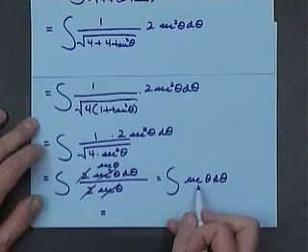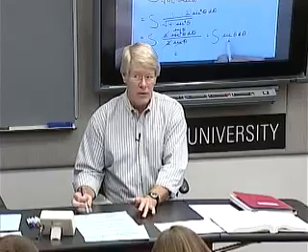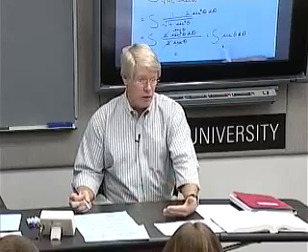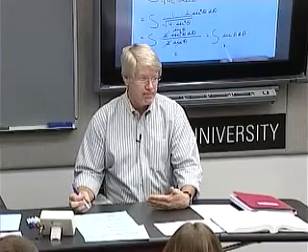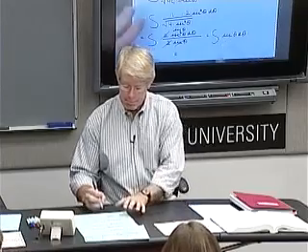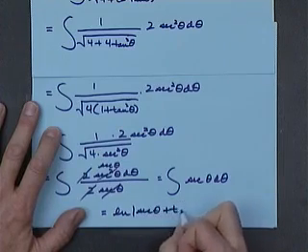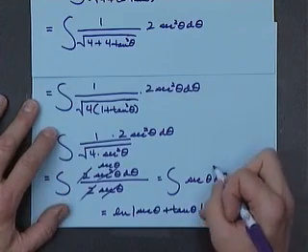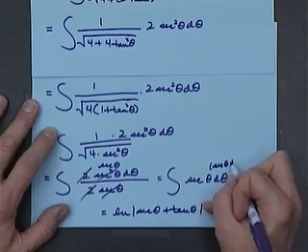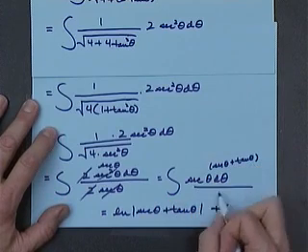But I think we did this one. This one is the one that had a little trick to it, where you had to multiply the numerator and denominator by secant plus tangent. I don't remember. We've done this before. You have to multiply numerator and denominator by secant plus tangent.